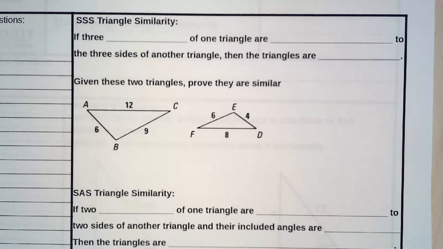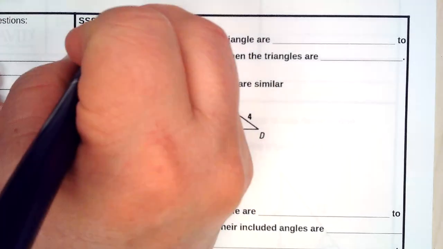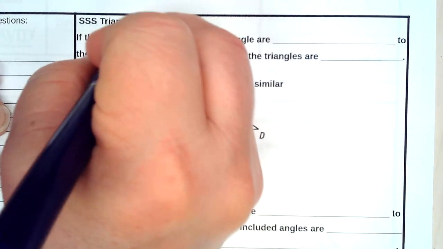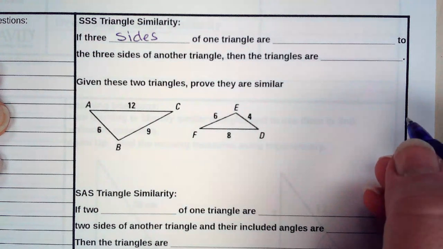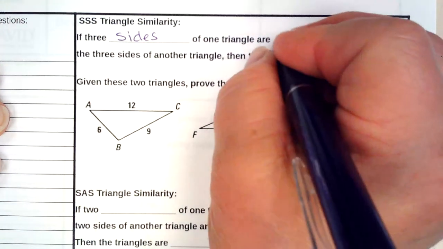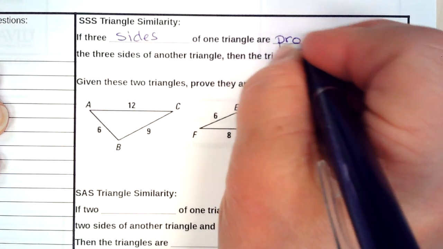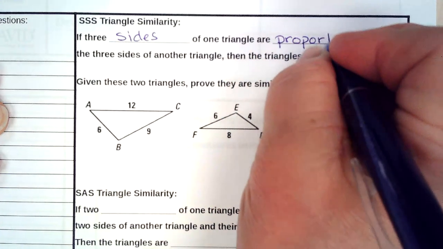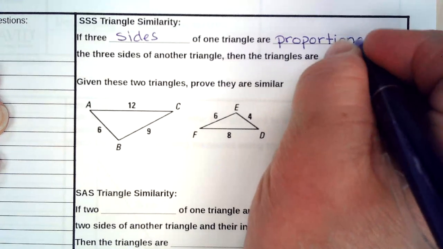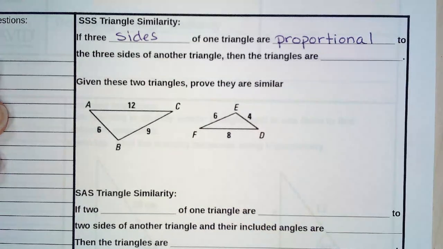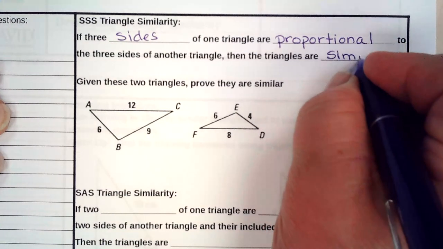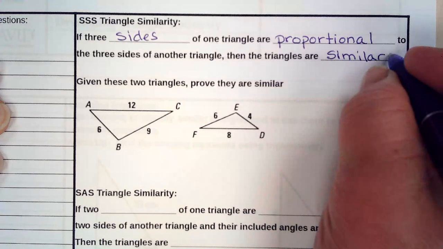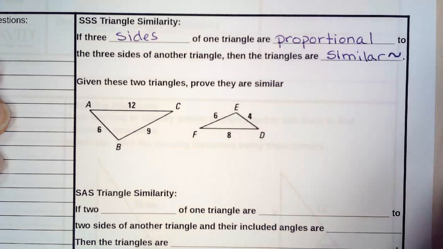If three sides of one triangle, this time they are not congruent, but they are proportional, to three sides of another triangle, then the triangles are similar. And that would be that little sideways S.